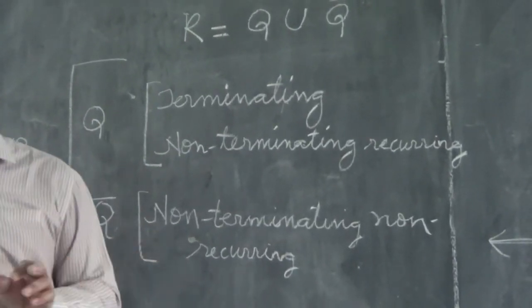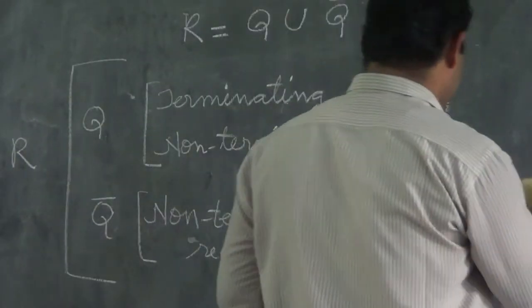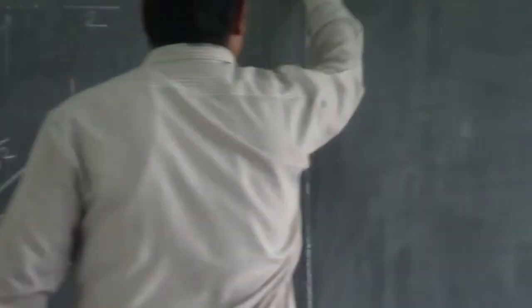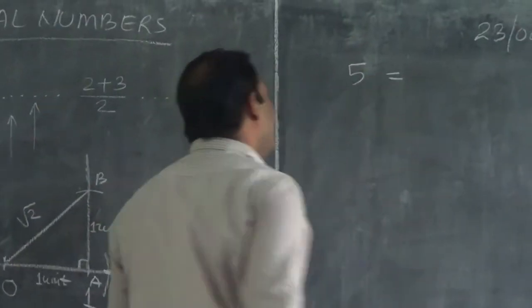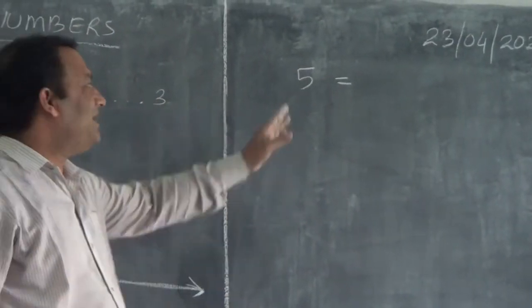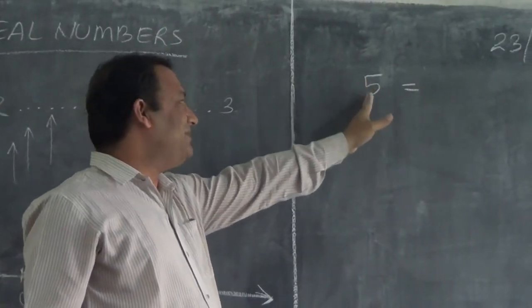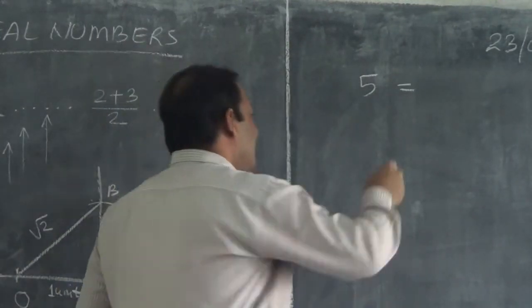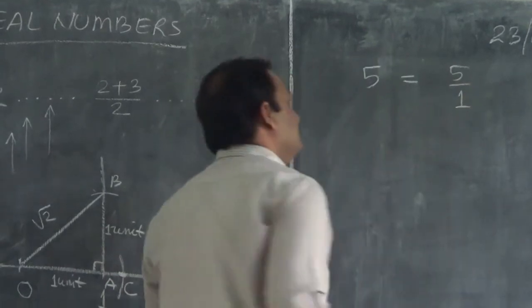So here now, decimal expansion of real numbers. See, 5 is a natural number. The number 5 is whole. The number 5 is an integer. Number 5 is also a rational number because 5 equals 5 by 1.